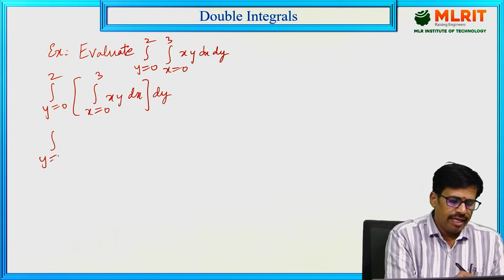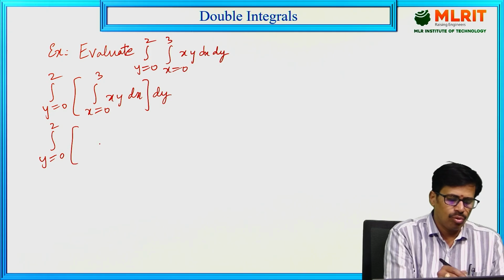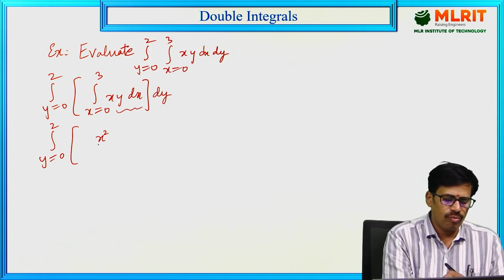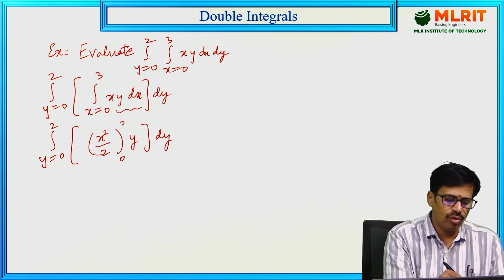First let us integrate with respect to x. So what is the integration of xy dx? That is x square by 2 into y dy, and x limits are 0 to 3, right?